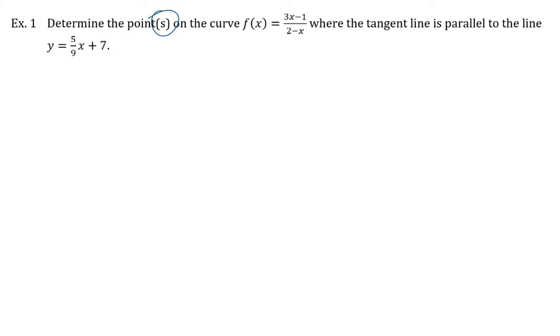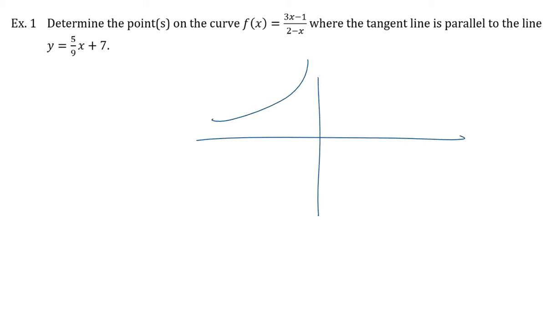Obviously, that means there may be more than one, which when you think about this kind of a rational function, which would look something like this, you're going to have 2 places where the slopes are parallel, right? That's a pretty terrible drawing, but anyway, you get the idea.